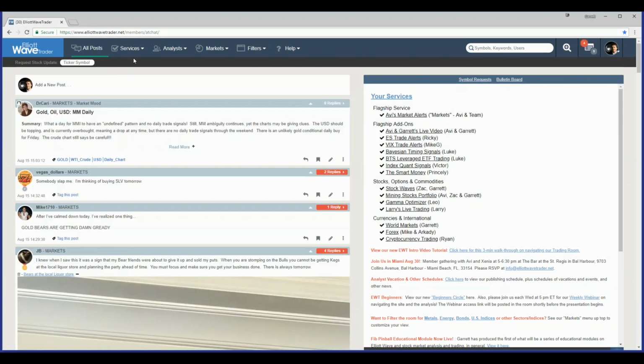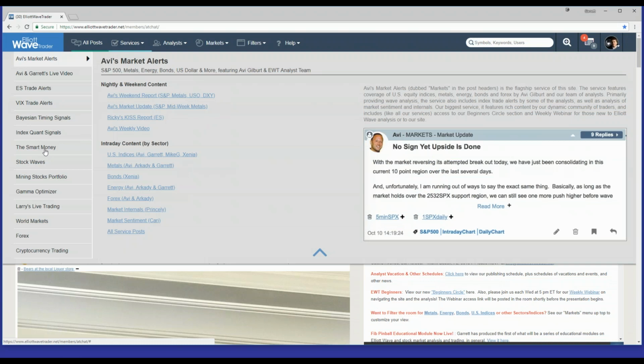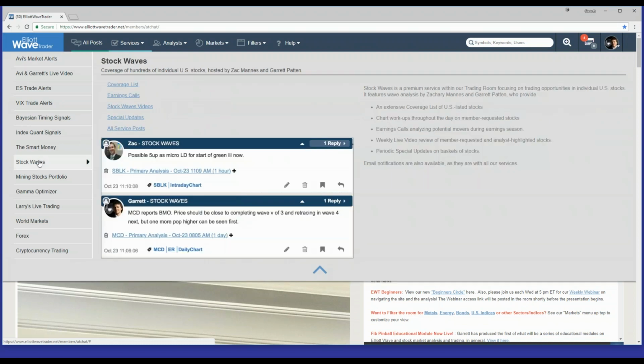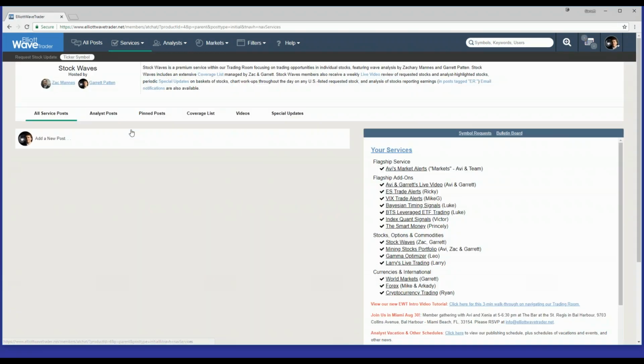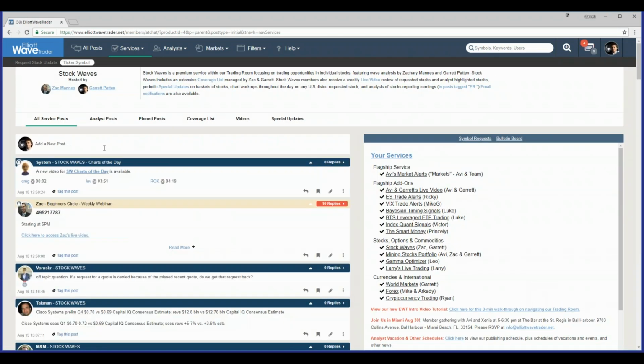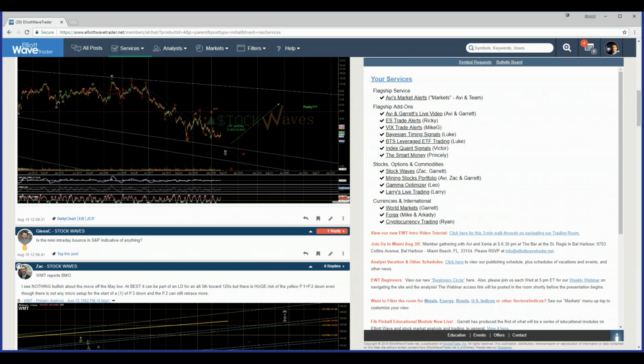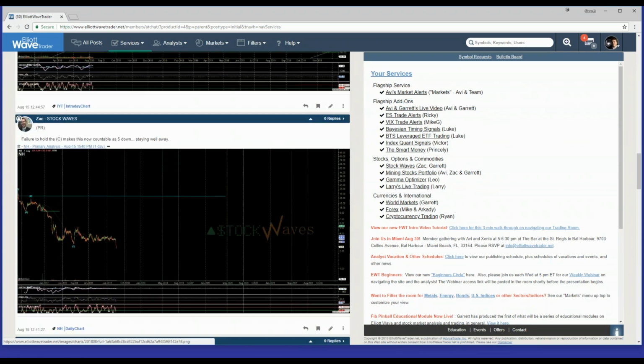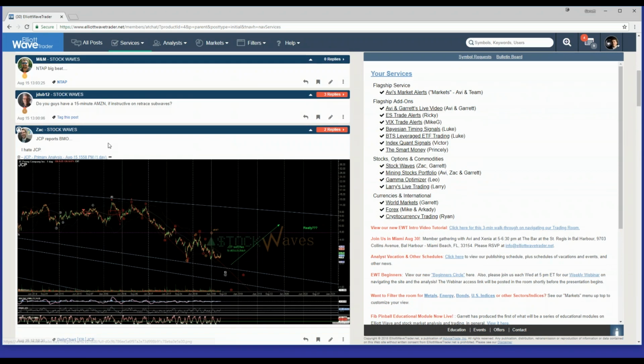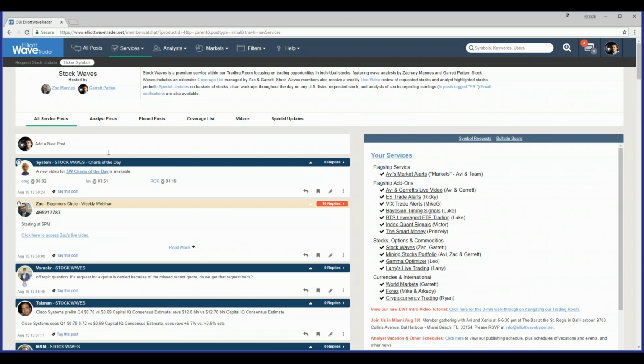So you may want to initially just take a look at one service at a time. For example, click on Stock Waves and go to just the Stock Waves service, and you can see it'll filter out only posts from our Stock Waves service, or any individual service you want to look at.